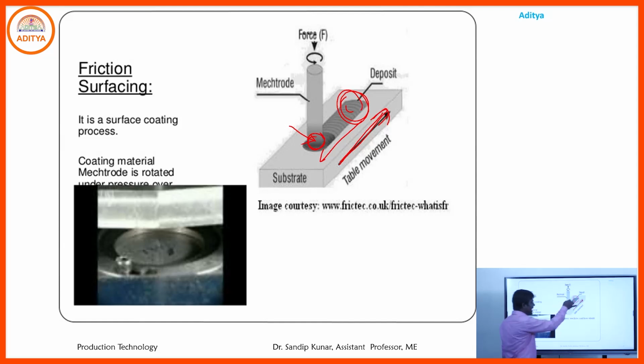When it melts, the metal is deposited across this zone, where we want to weld. That's why the welding happens in that particular zone.